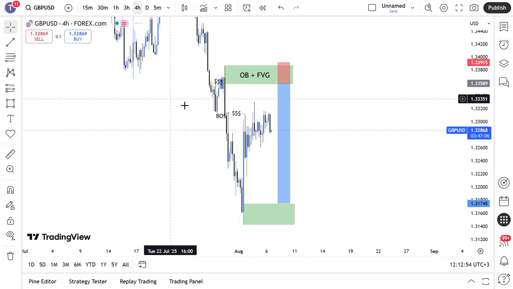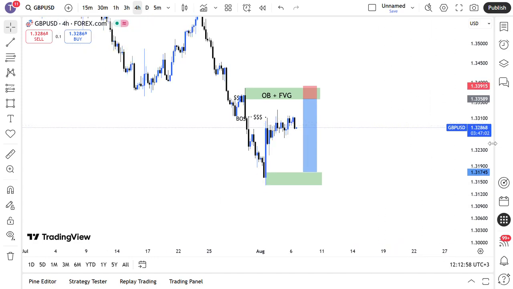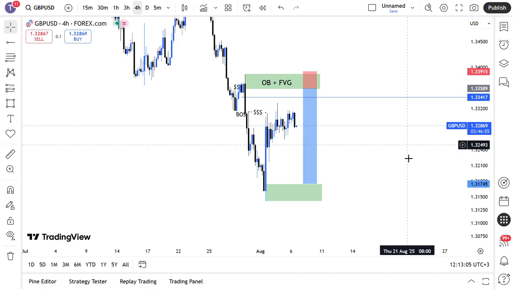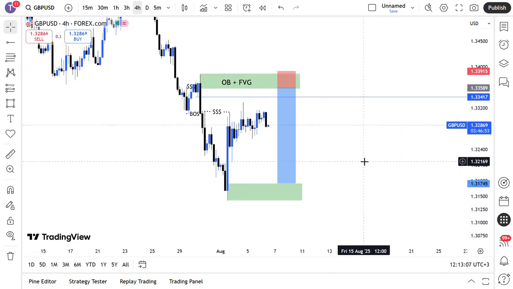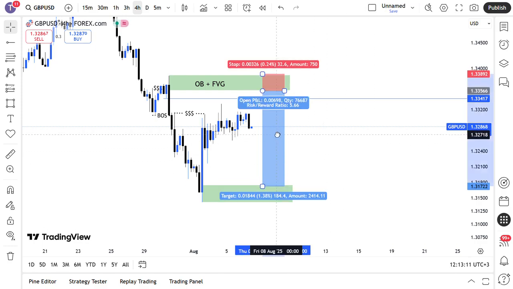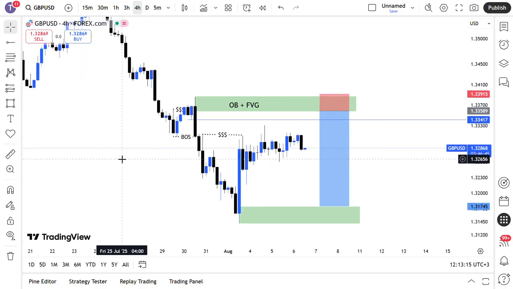If I try to go to the 4 hour time frame, the order block is starting from around this area. This is the order block. So if you have not watched the previous video, this is what I expect from GBPUSD. I'm not going to do a top-down analysis so that I cannot be repeating myself.